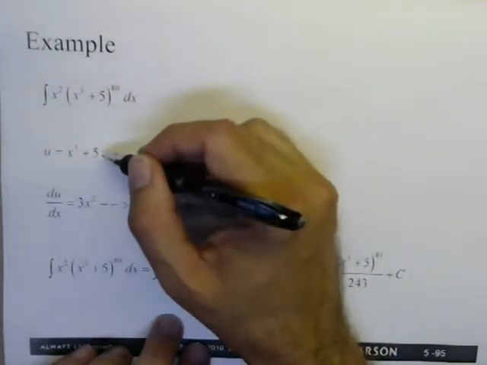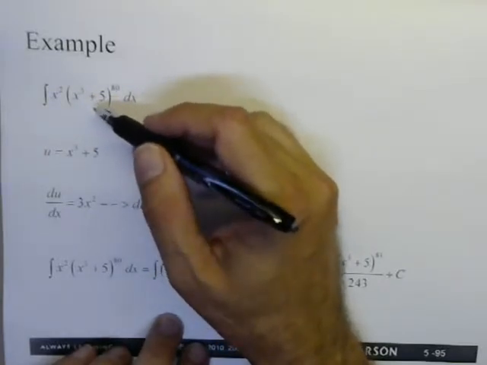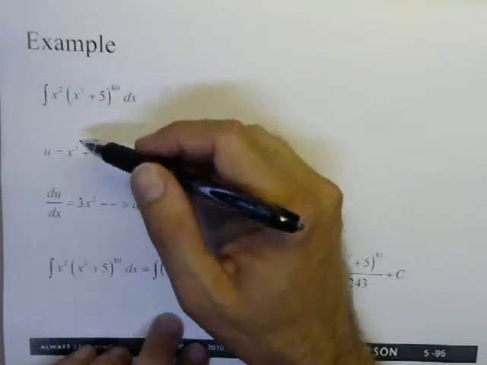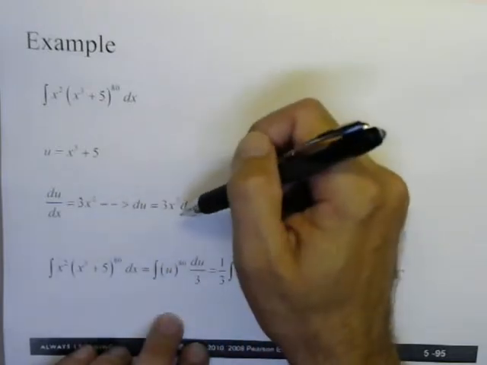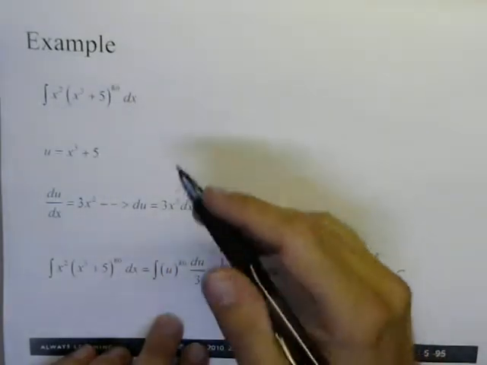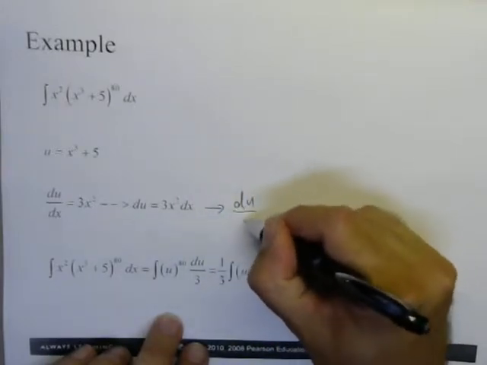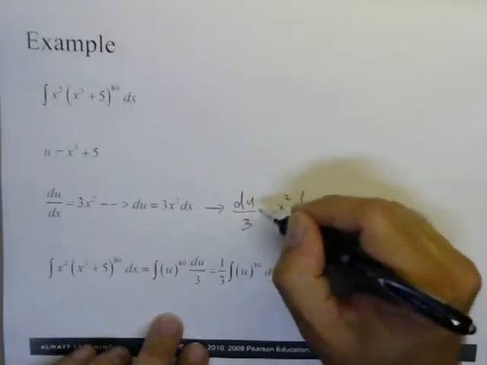So I think the substitution you want to make is u equals x cubed plus 5. If you take the derivative of that and multiply both sides by dx, that means the x squared dx, if I divide both sides by 3, I can replace with du over 3.